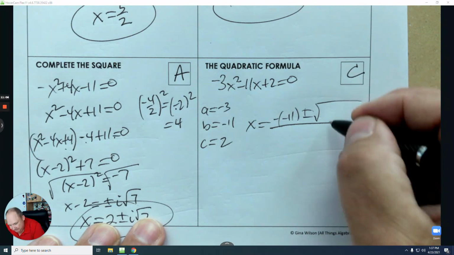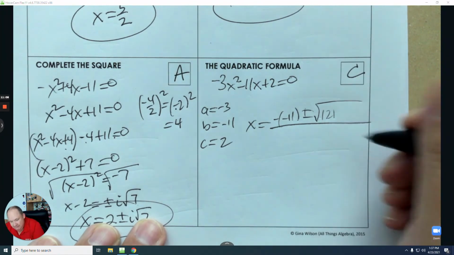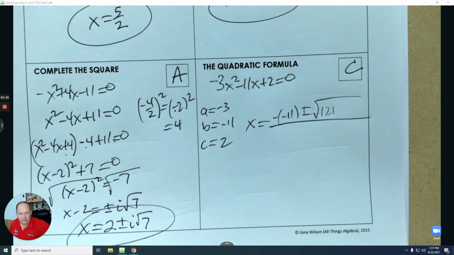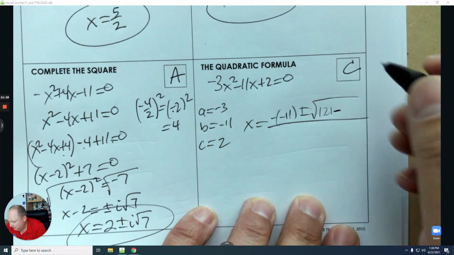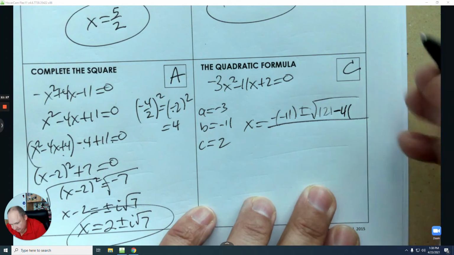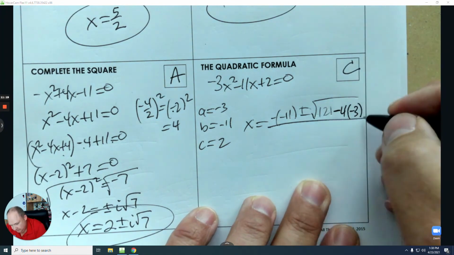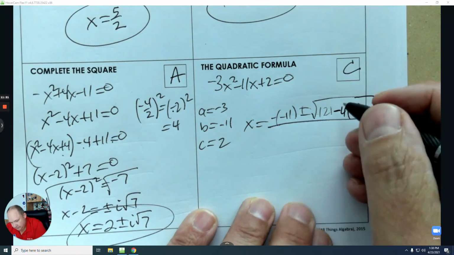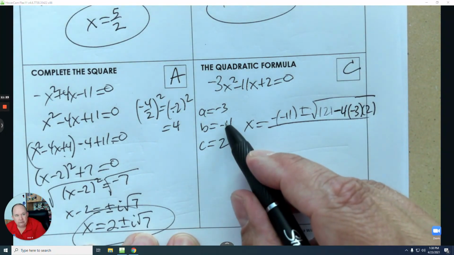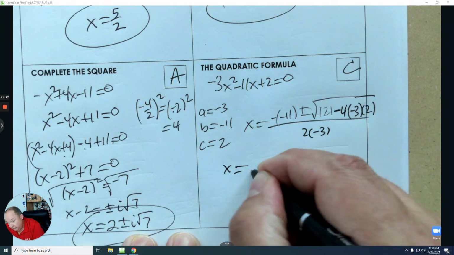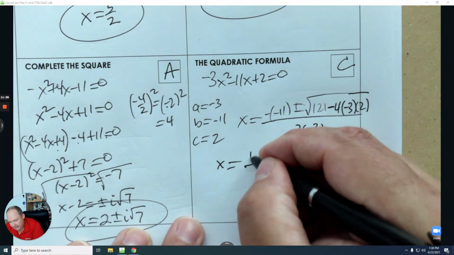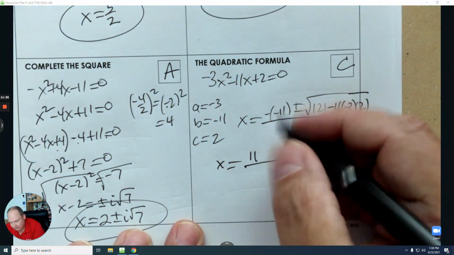B squared minus, let's see if this one works, minus 4ac. So -11 squared is 121 over 2a. And then just simplify it one step at a time. So a negative times a negative is a positive 11.